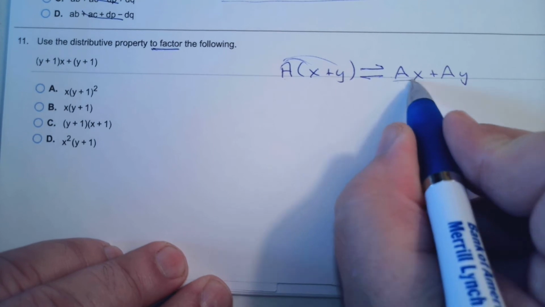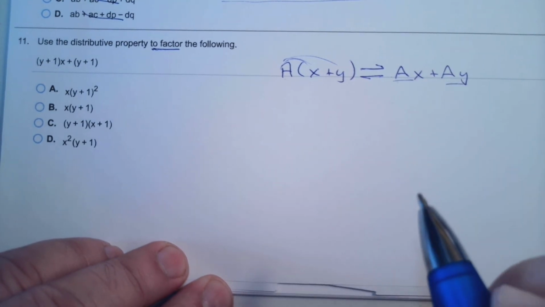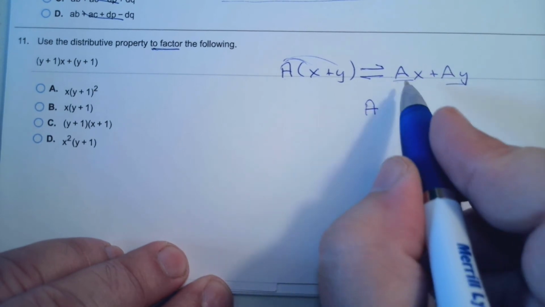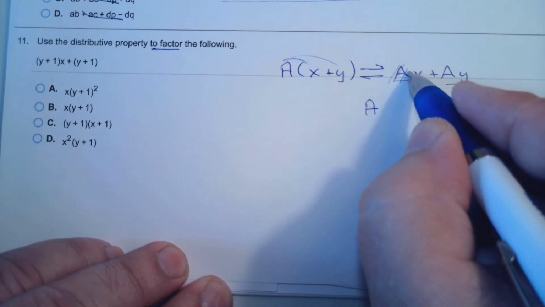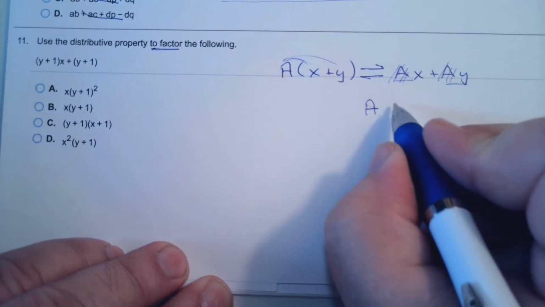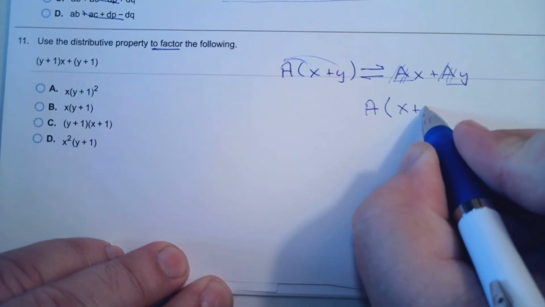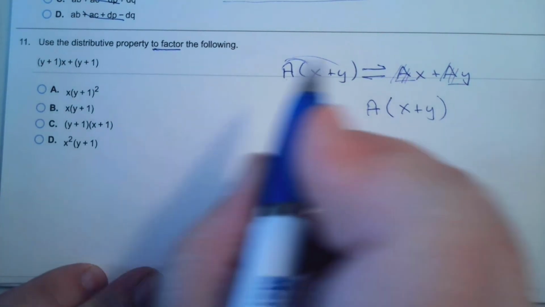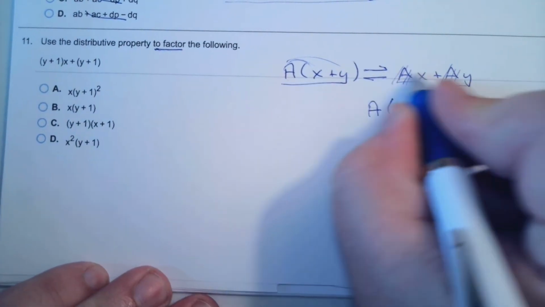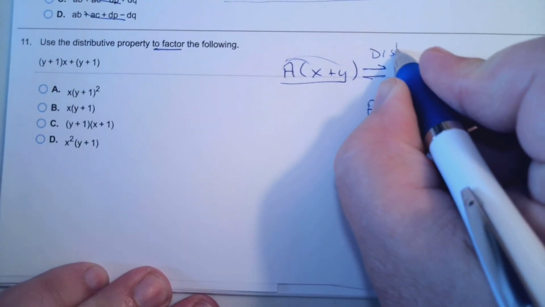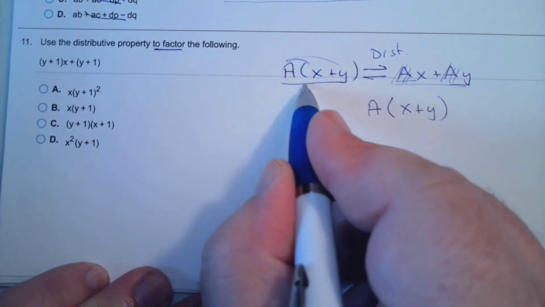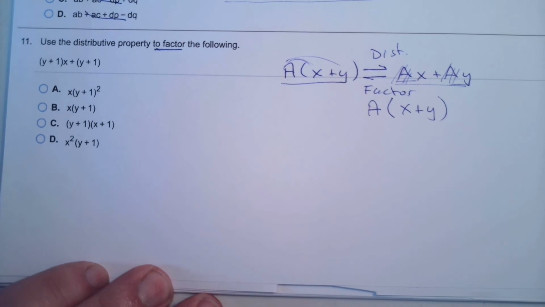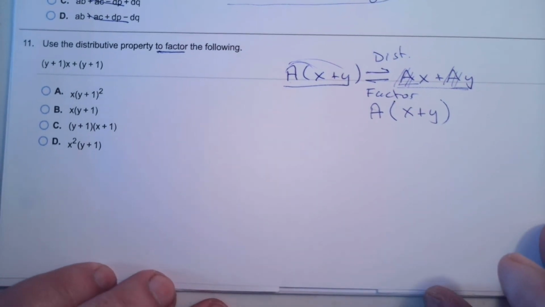What do both of these terms have in common? They both have an A. If I remove the A from both of these, what do I have left? X plus y. So that's how distributive works. It works two ways. From this way to that way is distributive. From this way to that way is factoring. It's the same equation. That's why it's a super powerful equation.